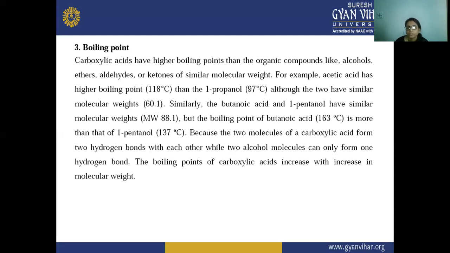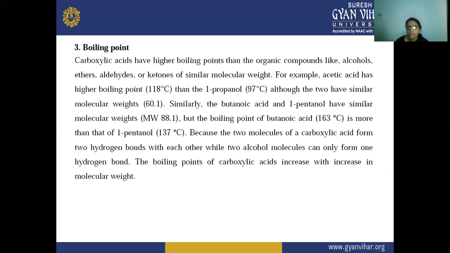For example, acetic acid has a higher boiling point than 1-propanol. Acetic acid has 118 degrees centigrade and propanol has 97, but both of them have the same molecular weight, that is 60.1.